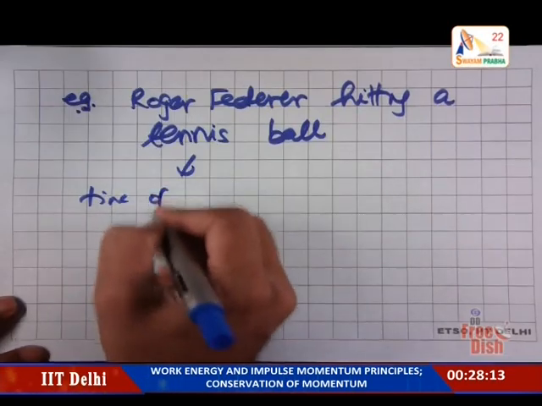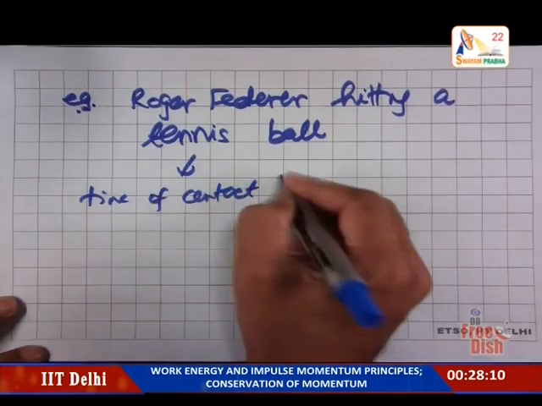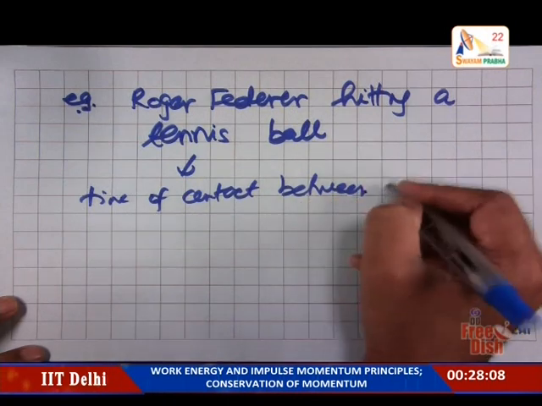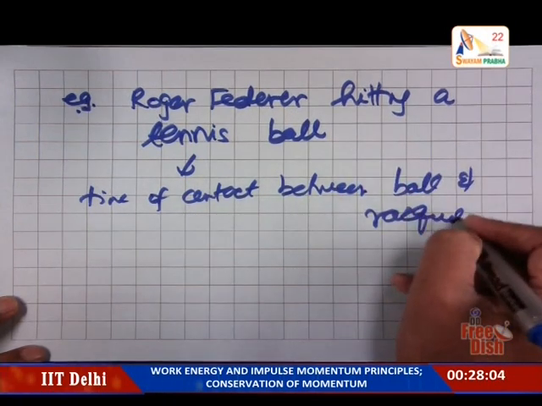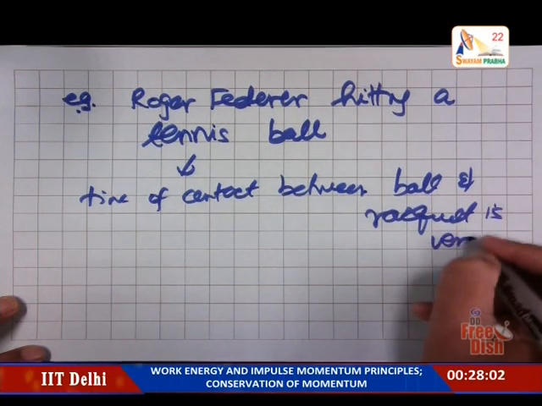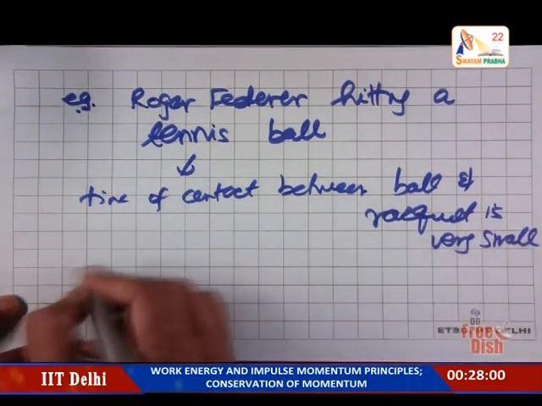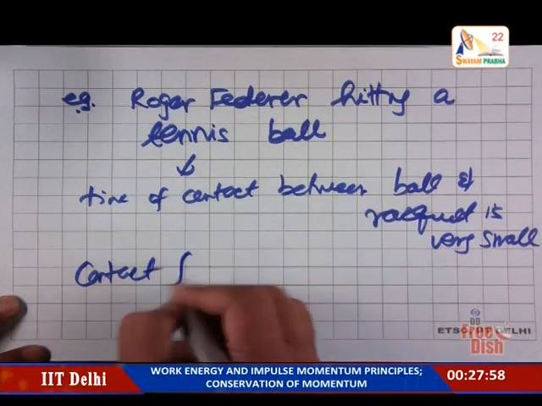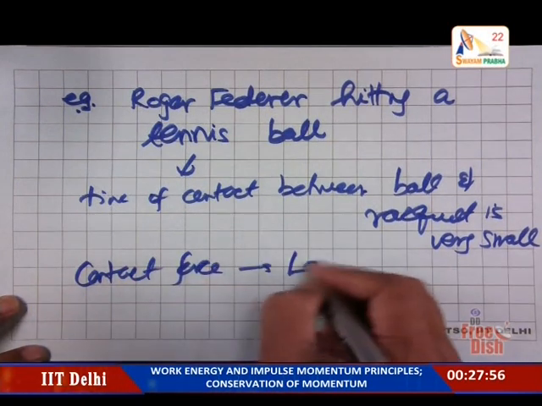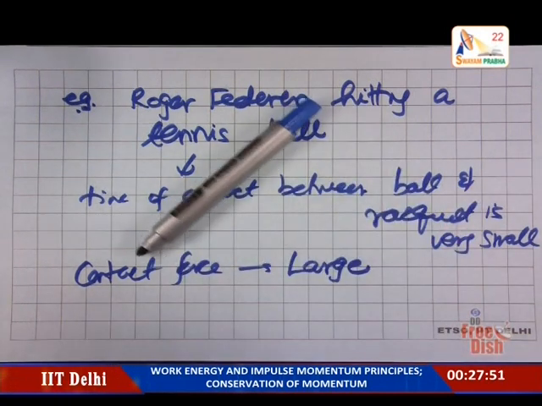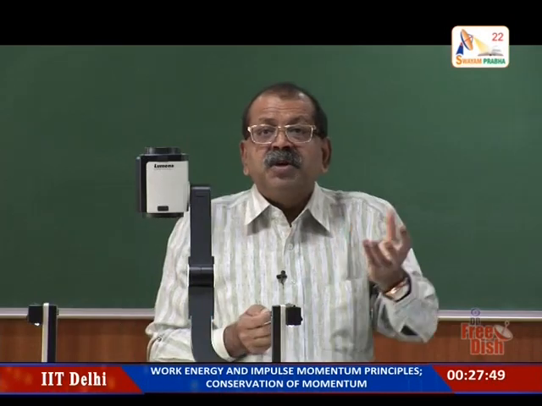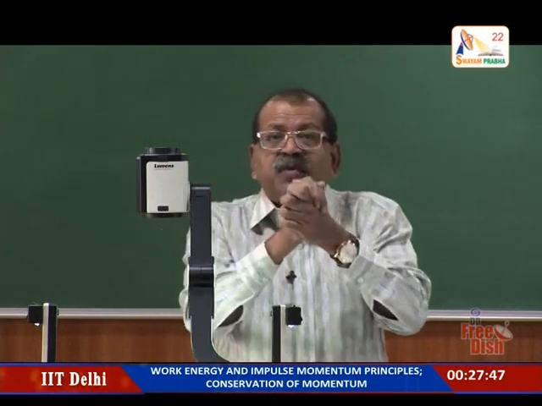Now the time of contact between the ball and the racket is very small, and the contact force is very large. Such a force is an example of an impulsive force: a force which acts for a very small time, but the force is very large.